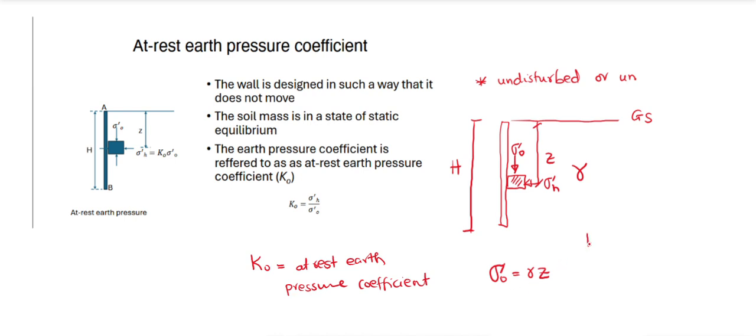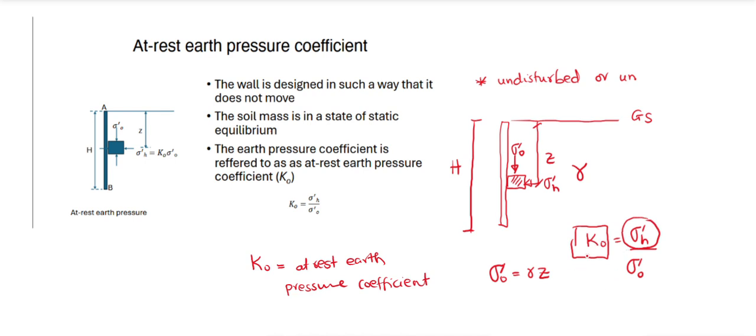And so our K naught is going to be the lateral stress over the vertical stress. So in this condition where the retaining wall is static, our K naught is the at rest earth pressure coefficient. And that at rest earth pressure coefficient would help us in finding our lateral stress.